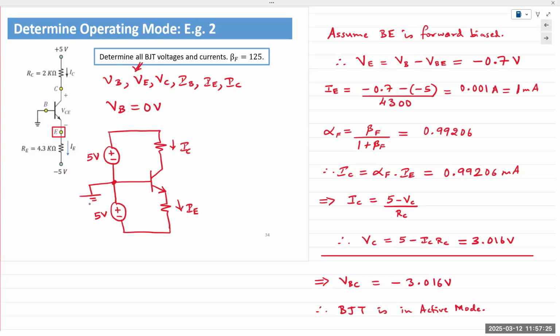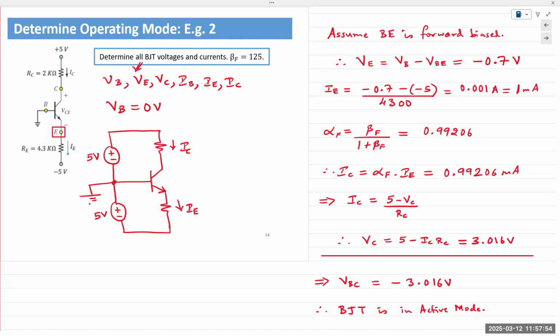If you're given a circuit, there'll be some biasing on the circuit. If you're given a BJT, there's some sort of bias being applied. Either you're applying a base voltage, or the emitter is grounded, or you have a base voltage and an emitter voltage. Regardless of what the biasing circuit is, you want to check whether VBE is 0.7 or not. If VBE is less than 0.7, that means it's cut off.